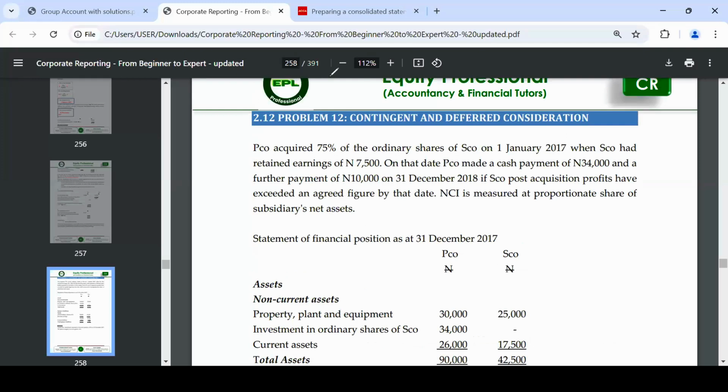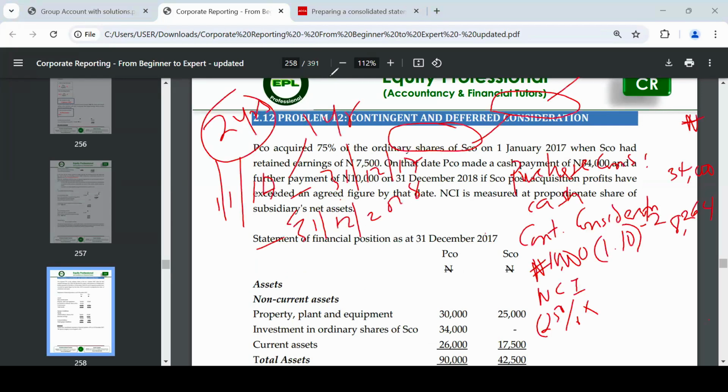You add that together, that makes 32.5. Now, 25% of 32.5 gives me 8,125.